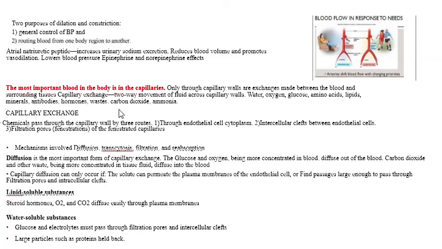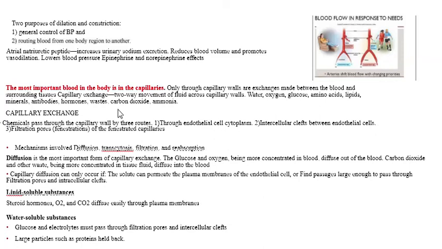It is affected by the waste product carbon dioxide, minerals, amino acids, lipids, glucose, oxygen, and also water. These all affect the capillary exchange according to the concentration of the substance.